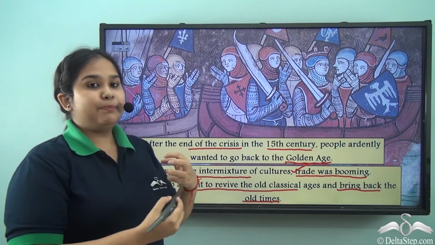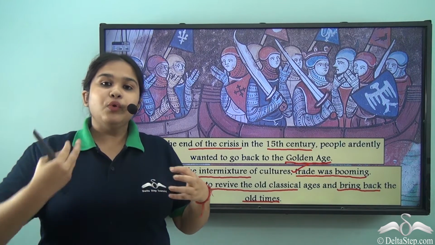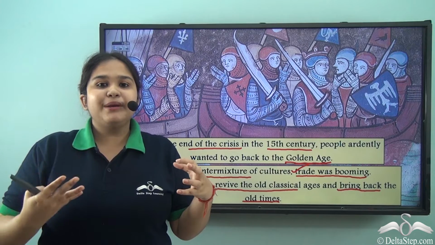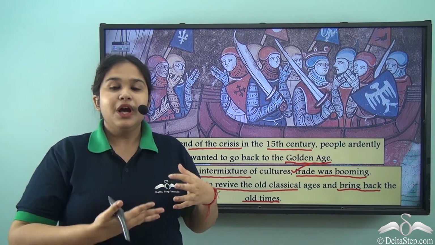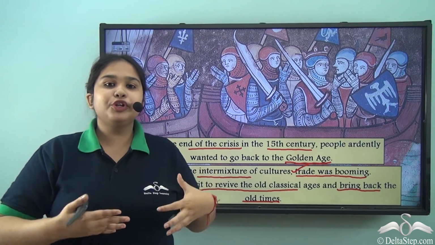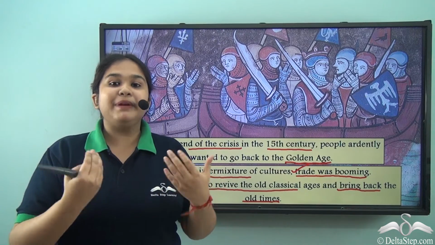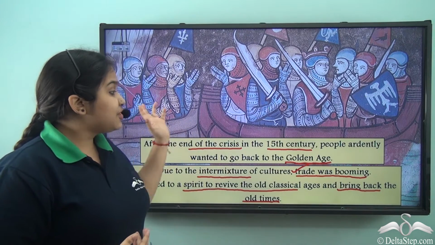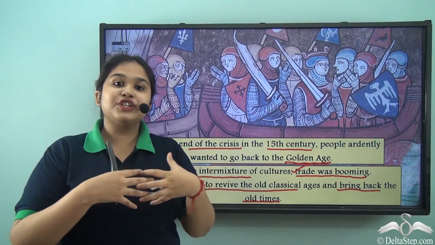Because now people could focus not only on their primary function of livelihood, but also make an effort to make it a better place to live in, right? Because they had just emerged from a phase of crisis.